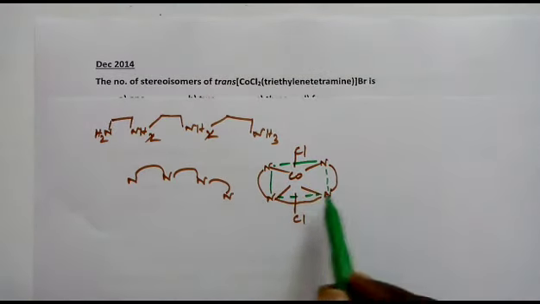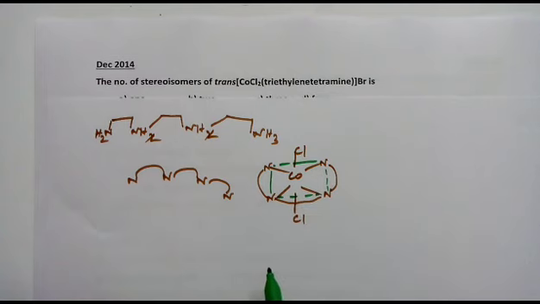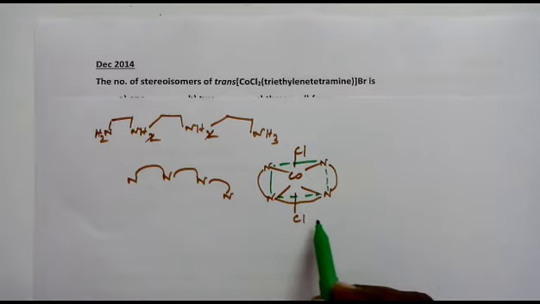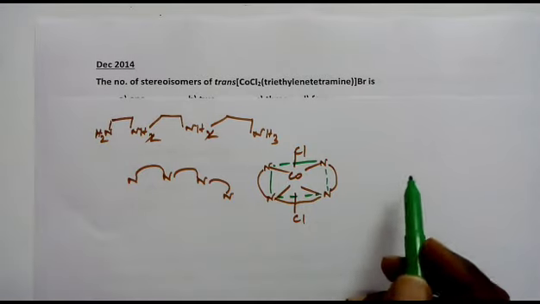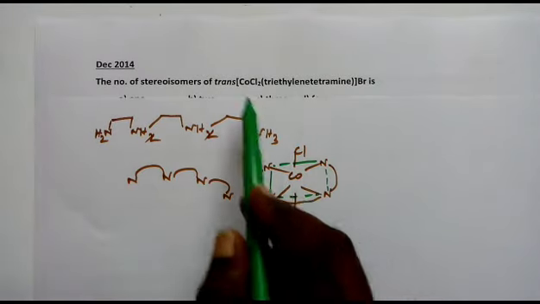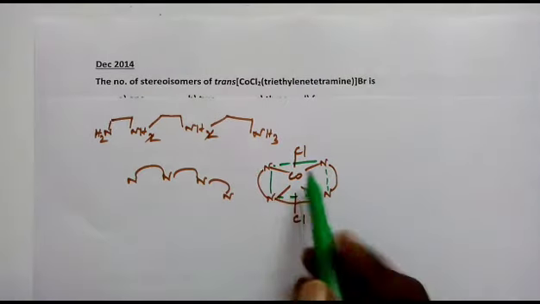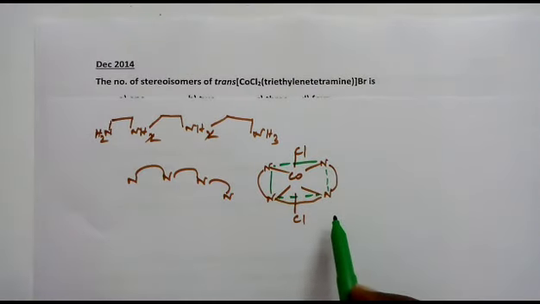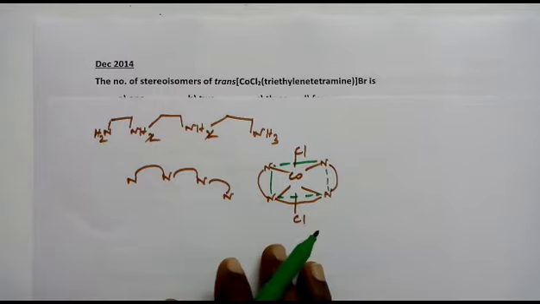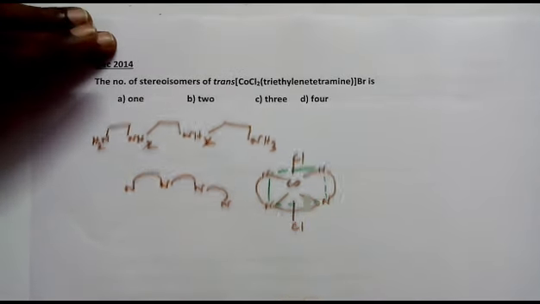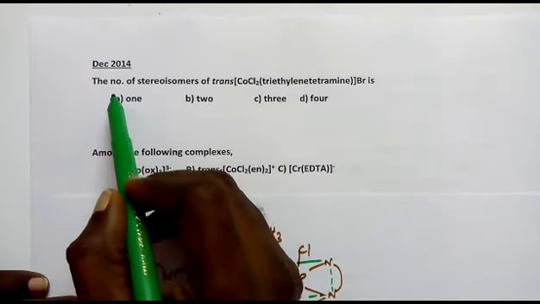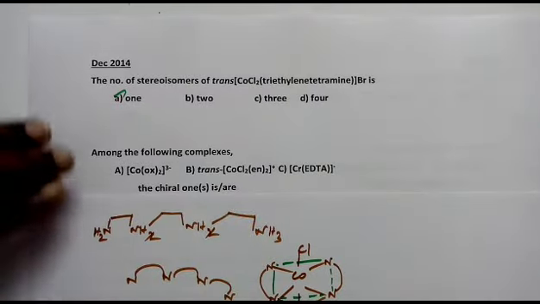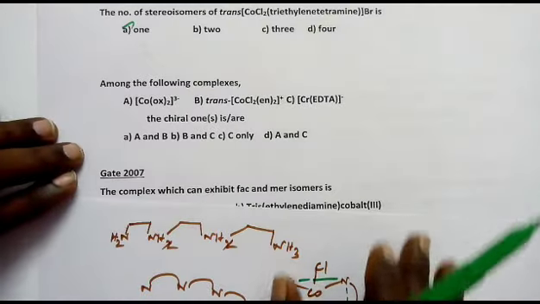So the trans isomer is optically inactive. That means only one isomer, only one stereoisomer. It has no optical isomer, and we can't speak about the cis isomer because they have specifically given trans. So the answer is 1. Okay, and let's see the next question.